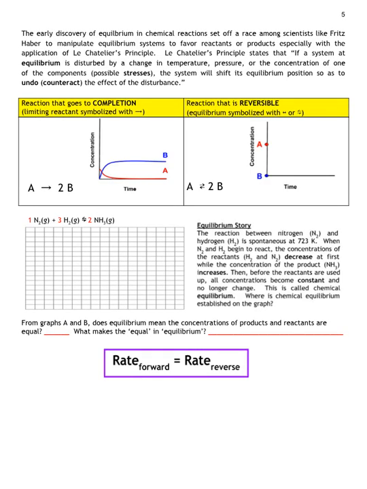So let's compare with what we're familiar with, which is a reaction that goes to completion, where you're dealing with a limiting reactant, and oftentimes you're going to see a one-directional arrow. In a reaction that goes to completion, you're going to see A react to form 2B, but the formation of 2B stops when A runs out.